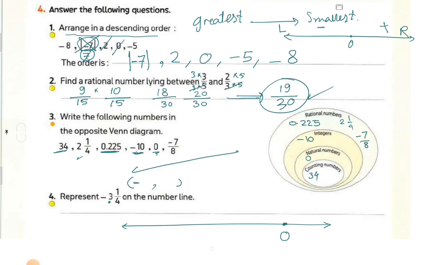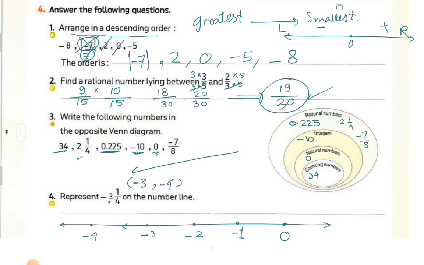Negative 3, and so we need to move to negative 4. Okay, we have 0, negative 1, negative 2, negative 3, so we need negative 4.